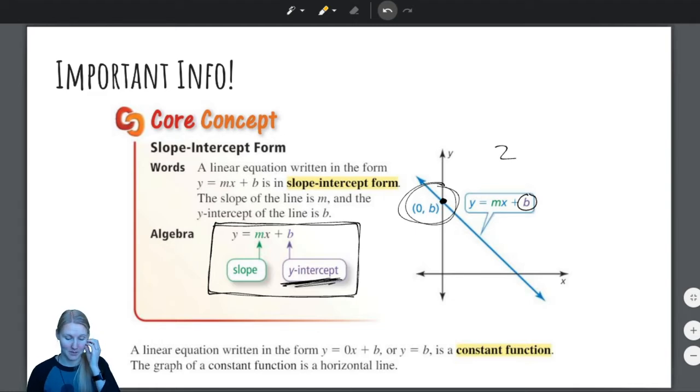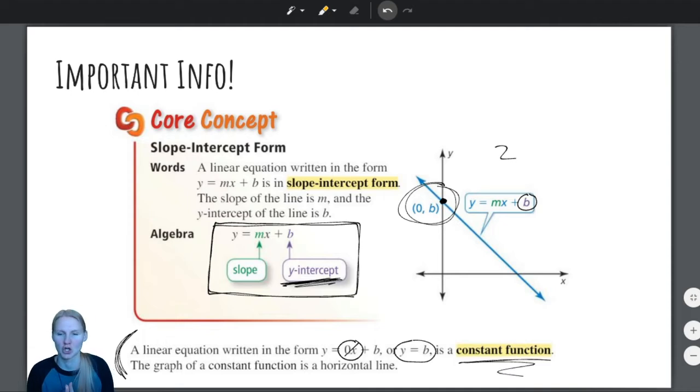One more thing to mention is this little bit down at the bottom. It says a linear equation written in the form y equals 0x plus b. Remember, 0 times x is just a 0, so we can also write this y equals b. We call that a constant function. And remember, the graph of a constant function is a horizontal line.